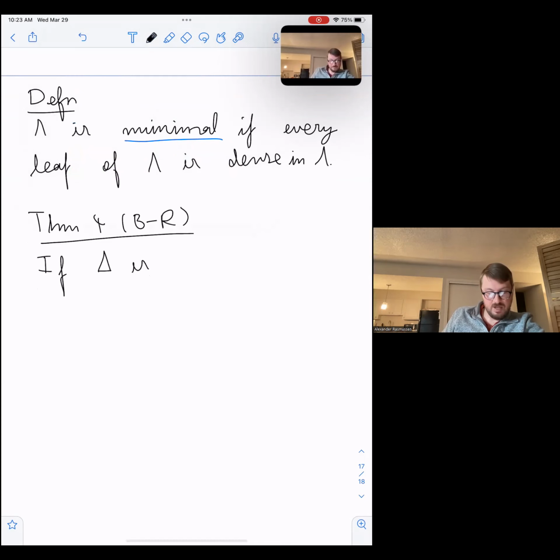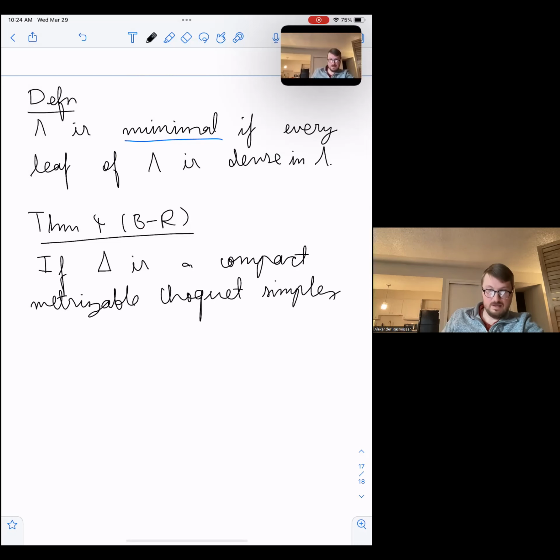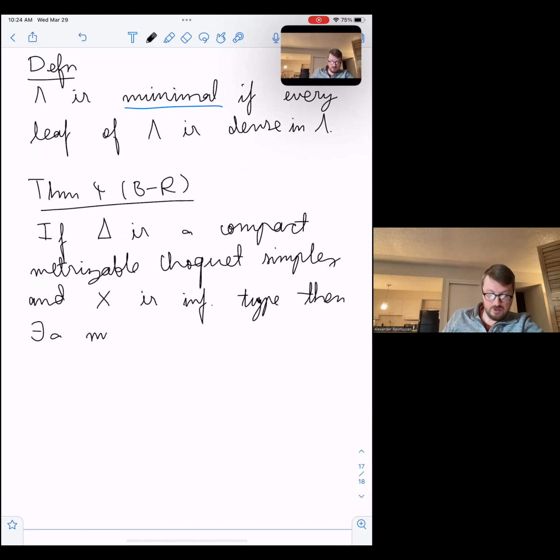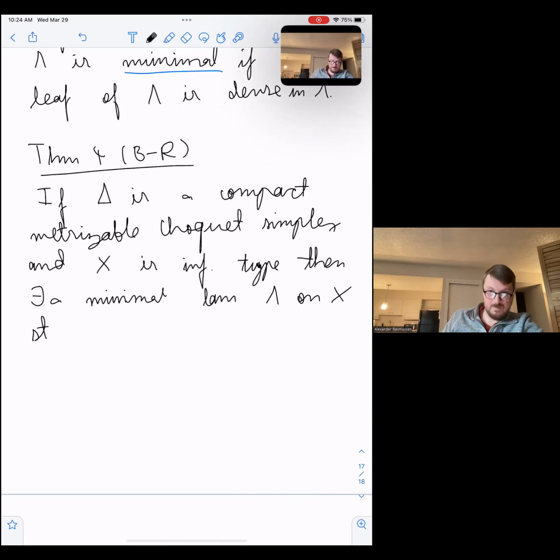So if delta is any compact metrizable Choquet simplex and X is infinite type, then there exists a minimal lamination lambda on X such that M of lambda, the space of transverse measures, has delta as a base.